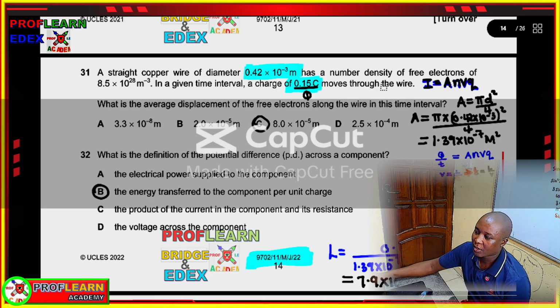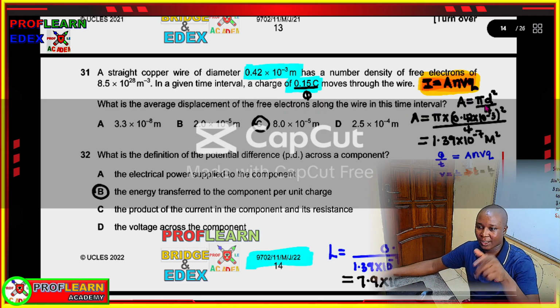So the first move you will make is by identifying that current is equal to ANVQ. That will be the first thing that you are supposed to remember in this question. And then we are going to use the concept of area, because this is cylindrical with a diameter. Area is pi d squared over 4, because the radius is d over 2, isn't it?